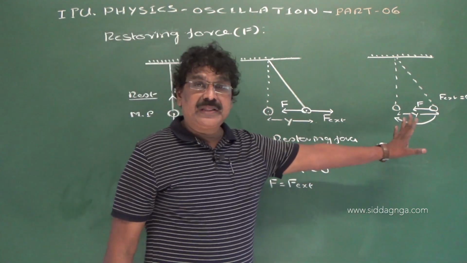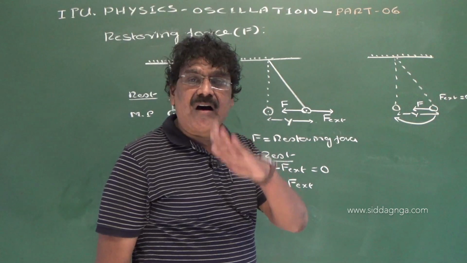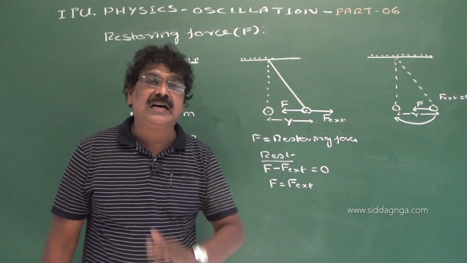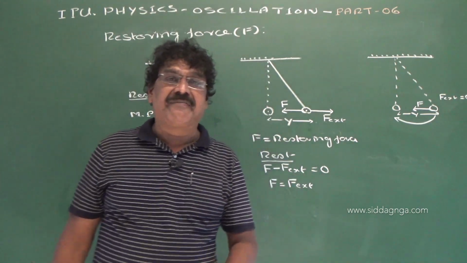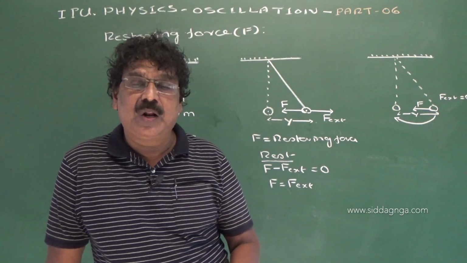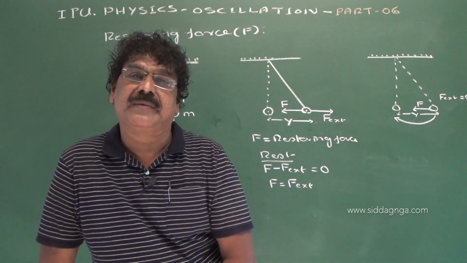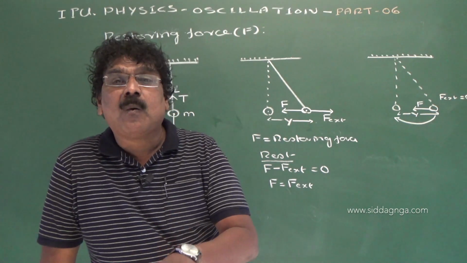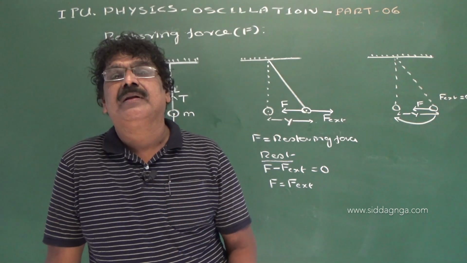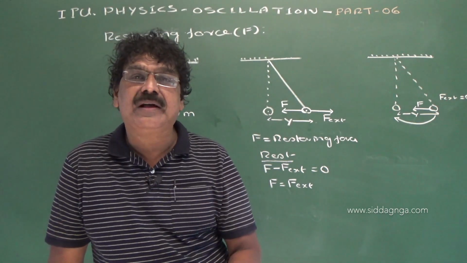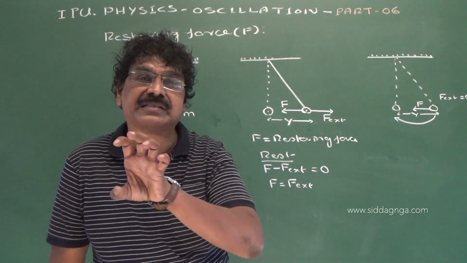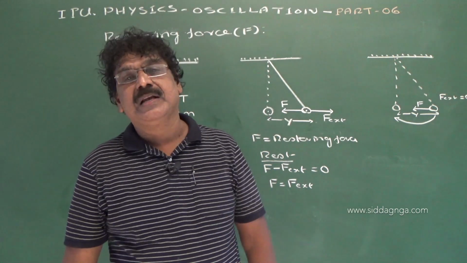The force on the bob in horizontal direction is this F. Now what is the role of this F here? To bring the bob back to its mean position or equilibrium position. So what is done by the restoring force? It restores the bob to its mean position. Therefore this force is called restoring force.